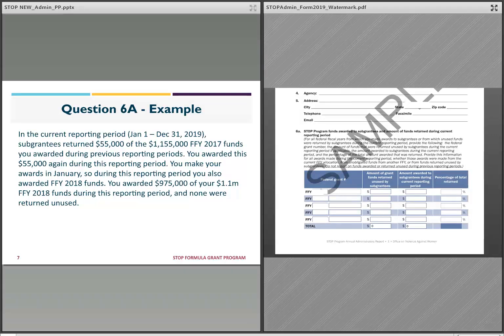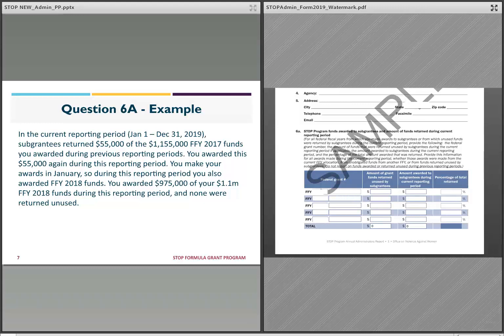For example, in the current reporting period of January 1st through December 31st, 2019, subgrantees returned $55,000 of the $1,155,000 of federal fiscal year 2017 funds that you awarded during previous reporting periods. You awarded this $55,000 again during this reporting period.